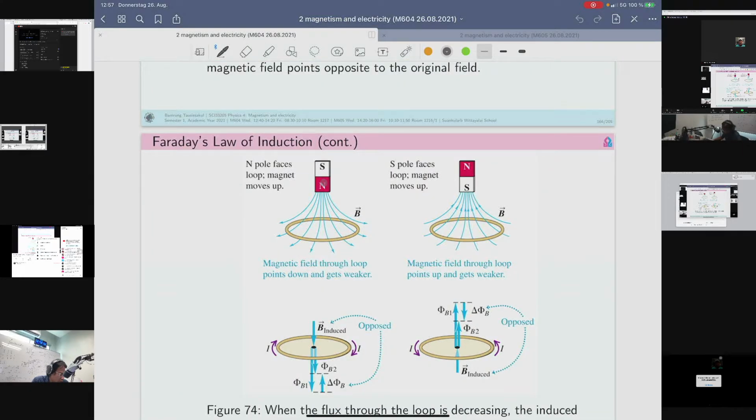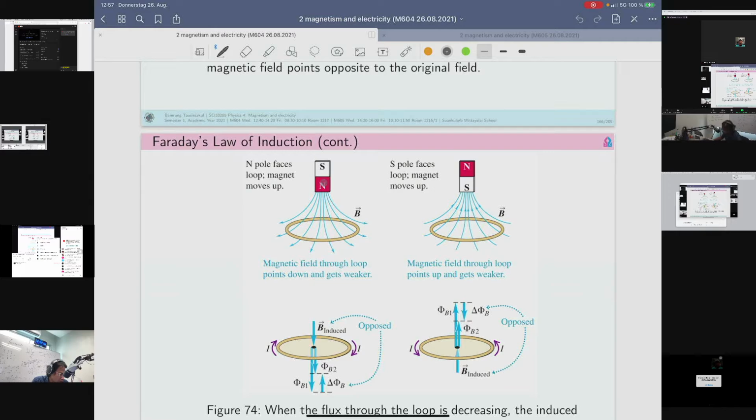Let's consider the conventional way first. The north pole is pointing to the circular conductor, but now we don't move it toward the conductor.